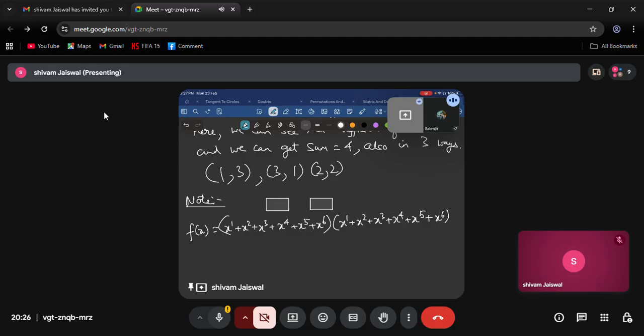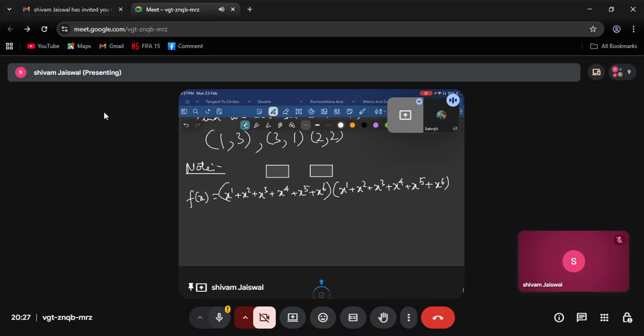It depends upon what you're assigning. If you're assigning one to heads and two to tails, then you can write x plus x square. Basically, it depends upon the number of selections. This is more useful in case of number of selections. I'll give you some more instances and some more examples also.